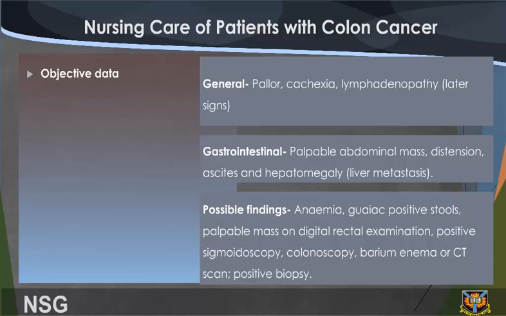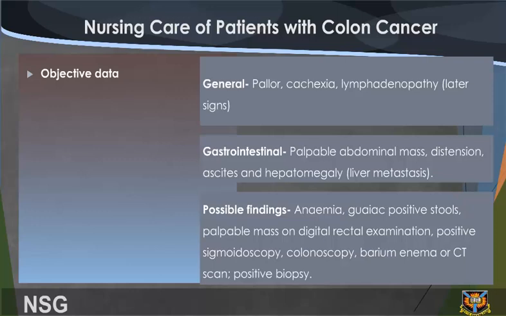lymphadenopathy, later signs. Gastrointestinal: palpable abdominal mass, distension, ascites, and hepatomegaly, liver metastasis.